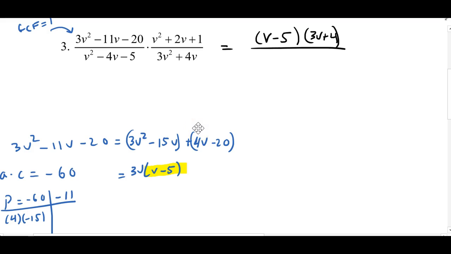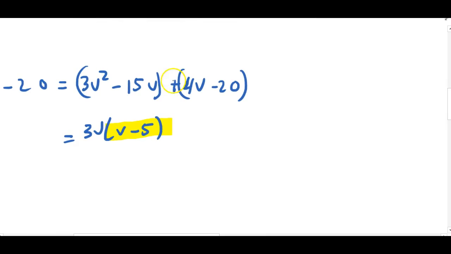Now let's finish this one so you can see how it actually works. Going back to the AC method down here, for the second group, what would you factor out? 4. Oops, let me put it back into the original color. So we take out the 4, and then what's left?